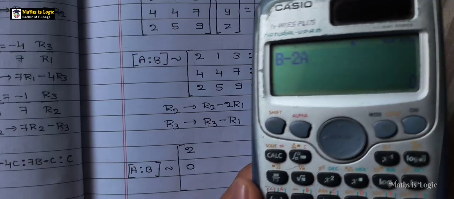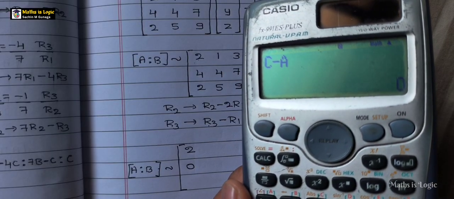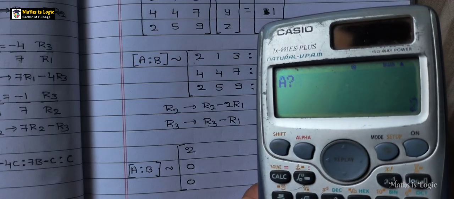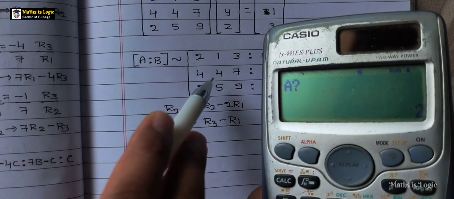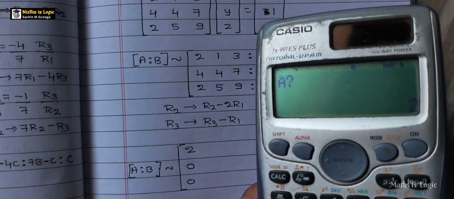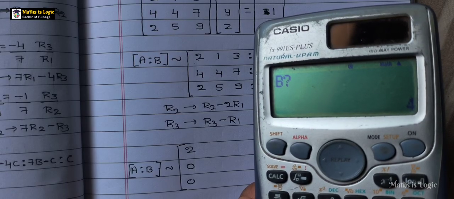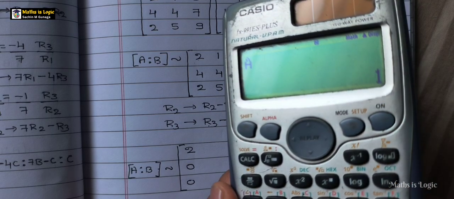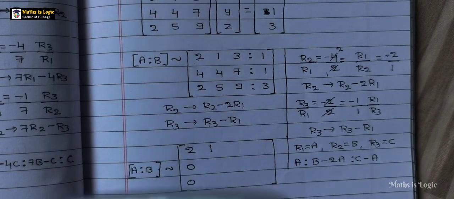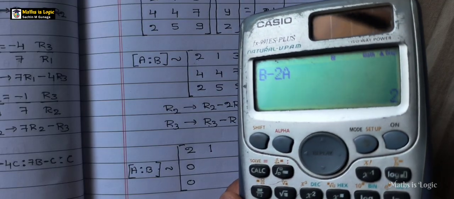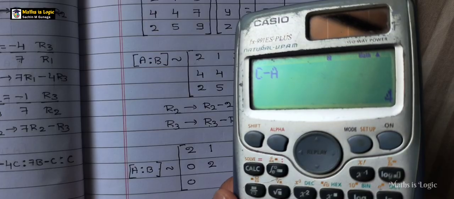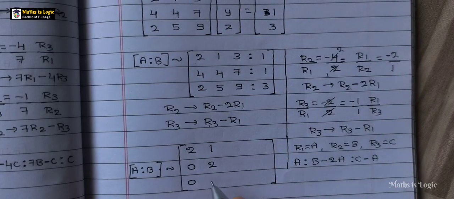Next the second column 1, 4, 5: the results are 1, 2, 4.